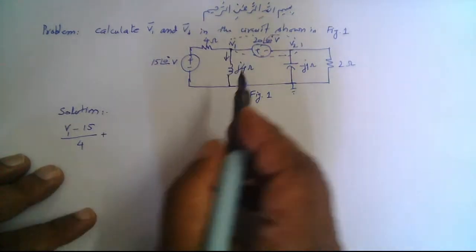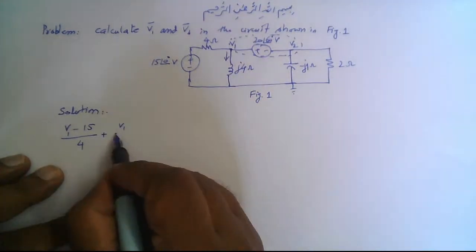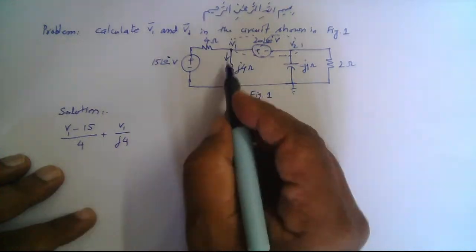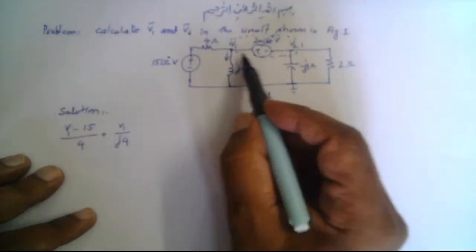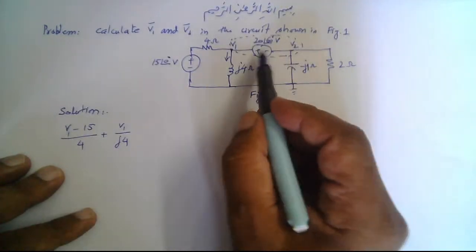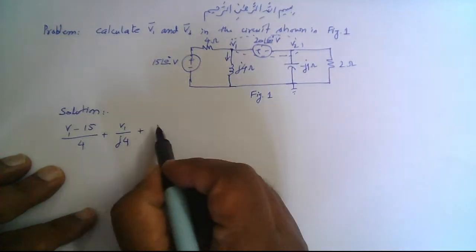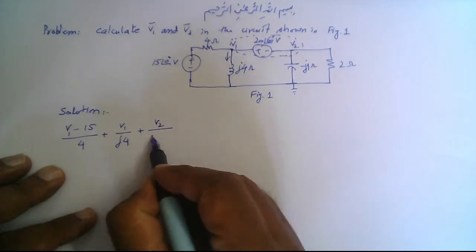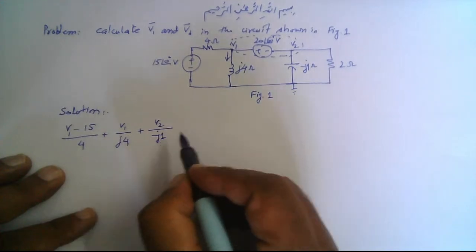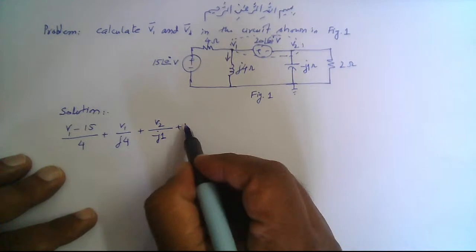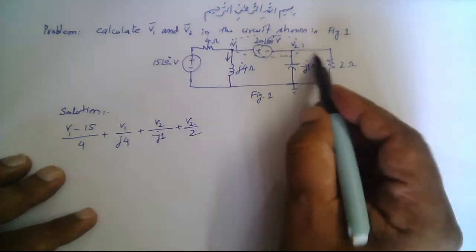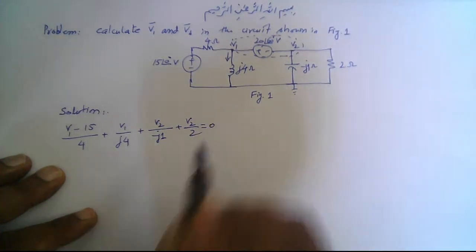Plus V1 over j4, this is the second branch, right? And we cannot find this current here from V1 to V2, so we leave it. So from the second node now, that will be V2 over minus j1 and then V2 over 2 in this branch. So that is equal to 0.